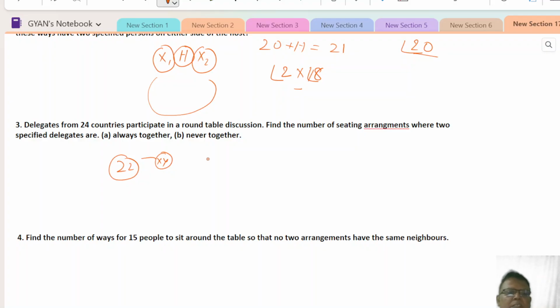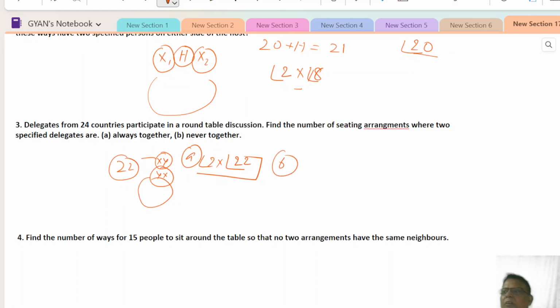In circular, 23 minus 1, but X, Y can sit together as X and Y and also Y and X. So for A, the answer will be 2 into factorial 22.